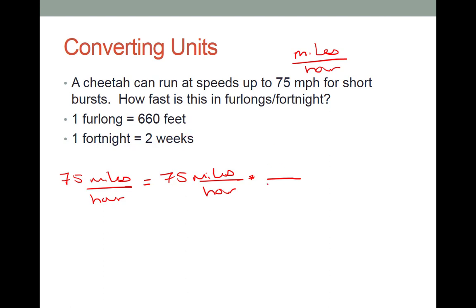So you might remember that 1 mile is 5,280 feet. And now I can do that there are 660 feet in 1 furlong. Feet cancels, miles cancels, and I have successfully converted the unit in the numerator.